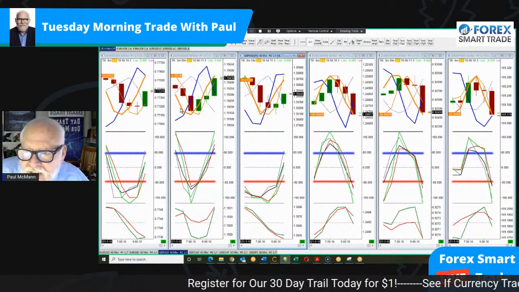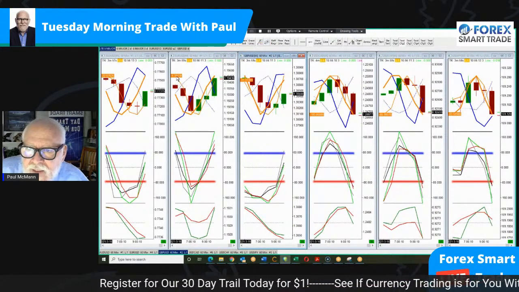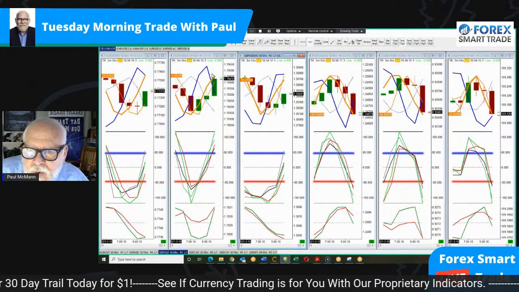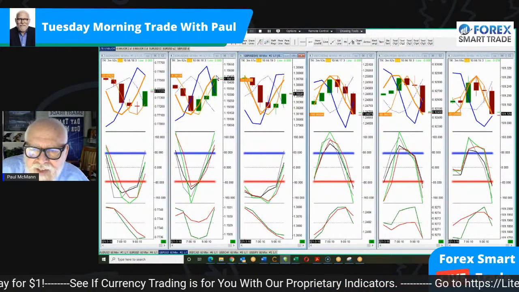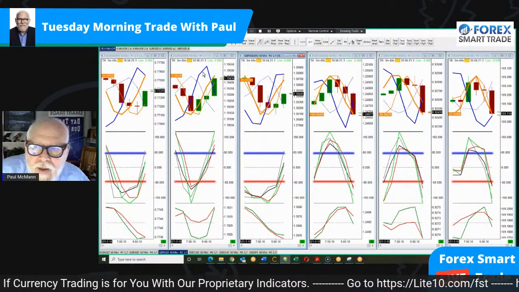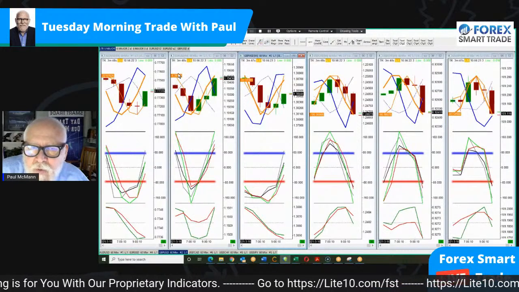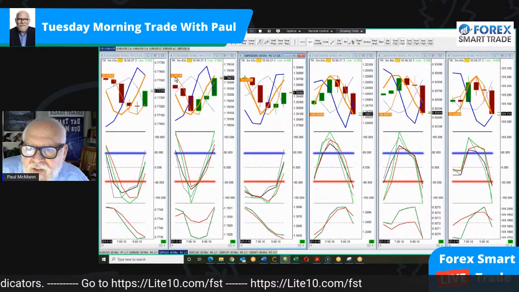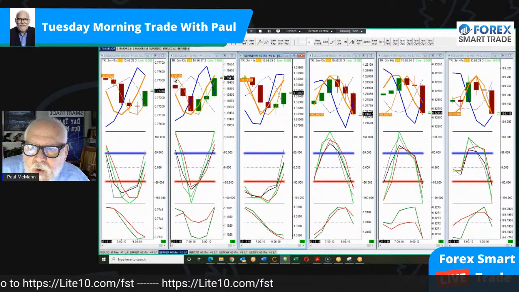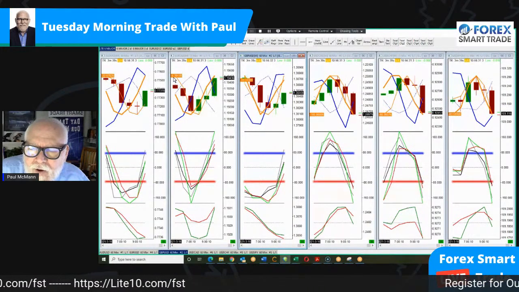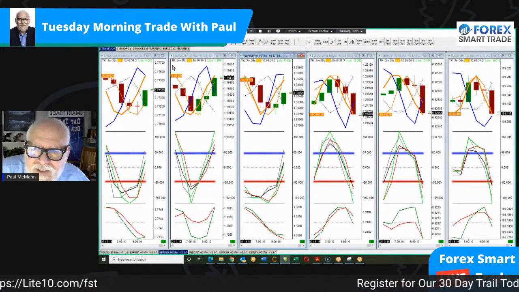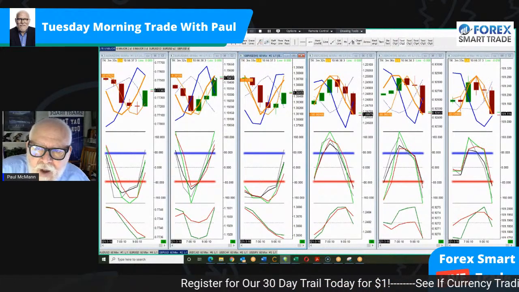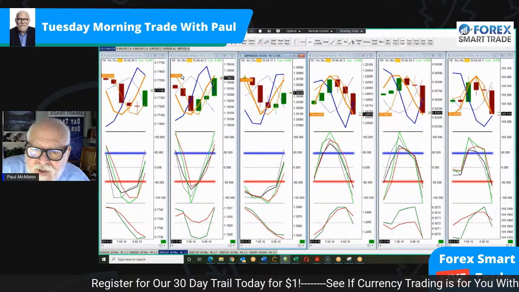So if I have this, when this is at 0, this is telling me that the way we've scaled the thick orange line, it's telling me it doesn't believe there's any more up in the move. So if there's no more up in the move, it's about to go down. To know that for sure, or not for sure, but to have a better sense that, okay, the move is maxed out, I want confirmation of that.